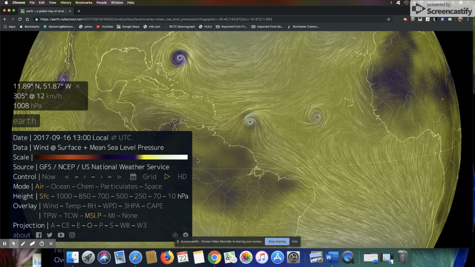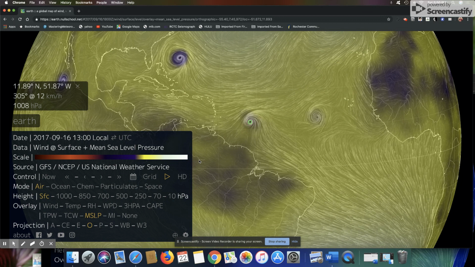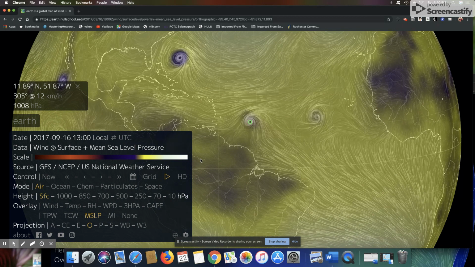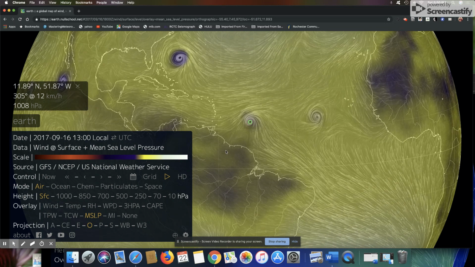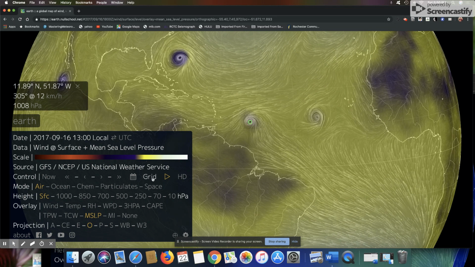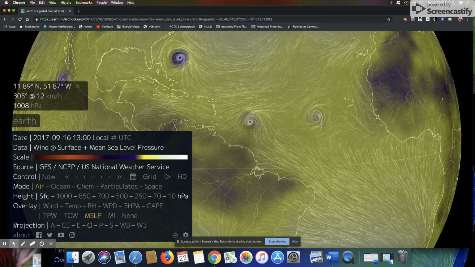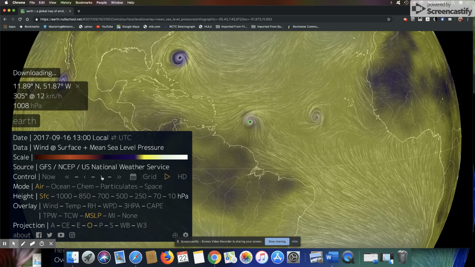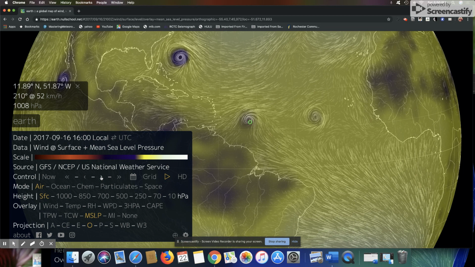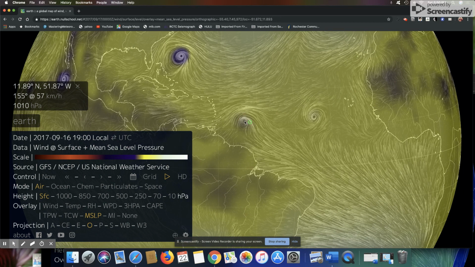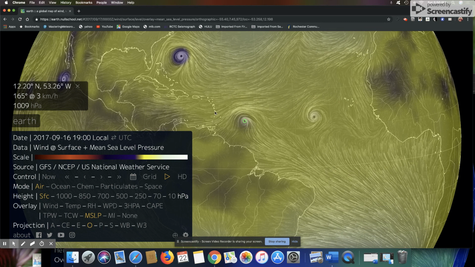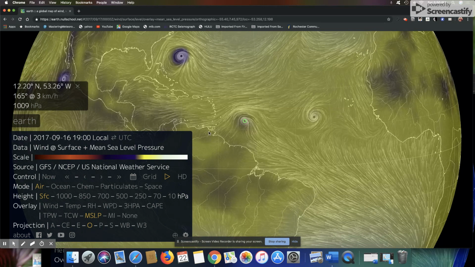So this is basically a tropical depression that has formed, and it's going to eventually strengthen into a tropical storm and then a hurricane. So let's see what happens as we go forward here. And it's continuing to move, kind of drifting westward toward these islands here.